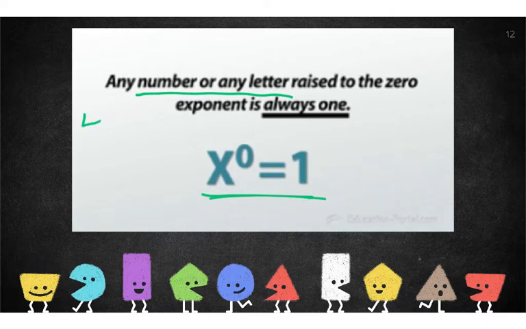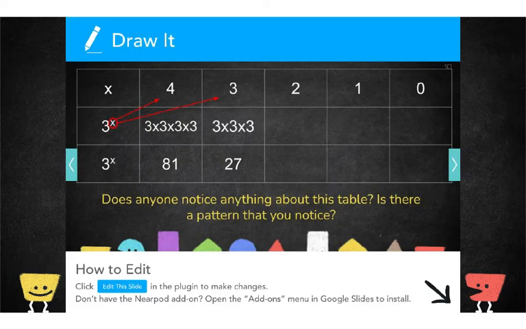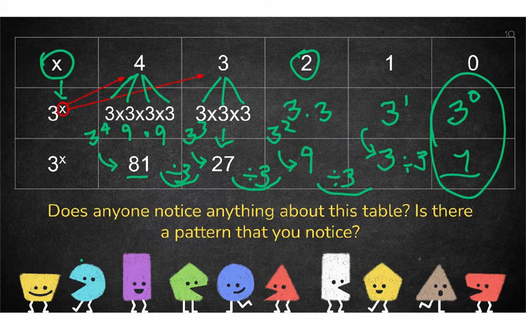So that means 4 to the power of 0 is 1. 10 to the power of 0 is 1. X to the power of 0 is 1. 1,000 to the power of 0 is 1. It's all 1. If I did A times B raised to the power of 0, this would be equal to 1. Believe it or not. And how do we know that? By following this pattern, that it is decreasing and I'm dividing each time.